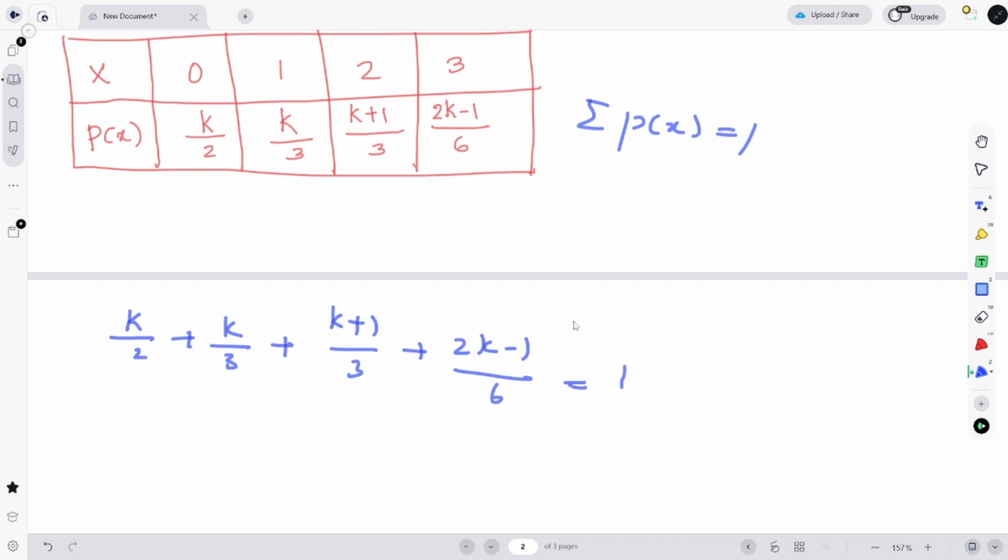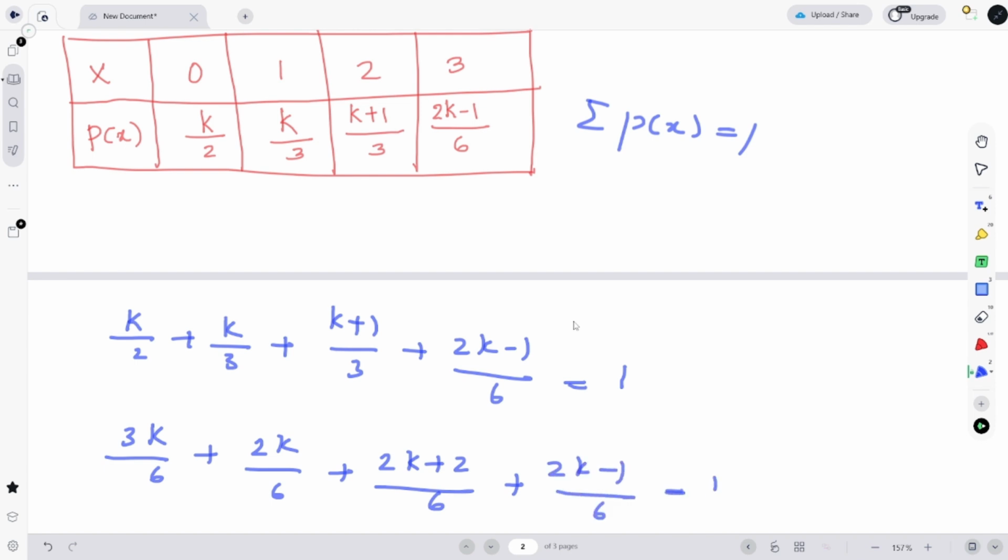So you can take the LCM, and this becomes 3k plus 6 plus 2k plus 6 plus 2k plus 2 by 6 plus 2k minus 1 by 6 equal to 1.